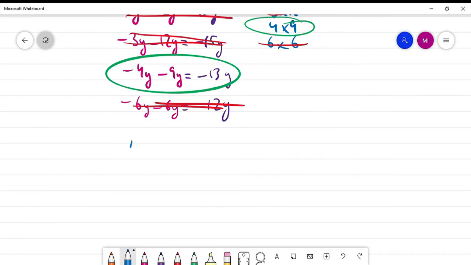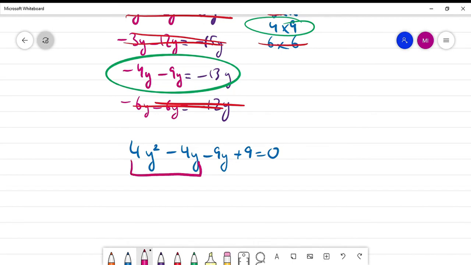We get 4y squared minus 4y minus 9y plus 9 is equal to 0. Now from here, let's take 4y common.